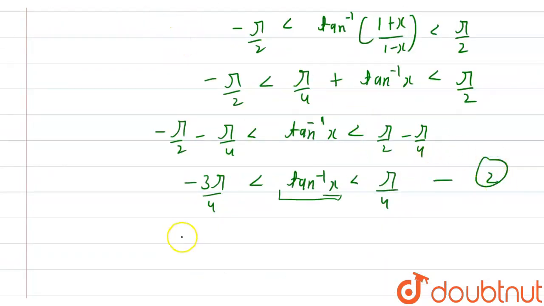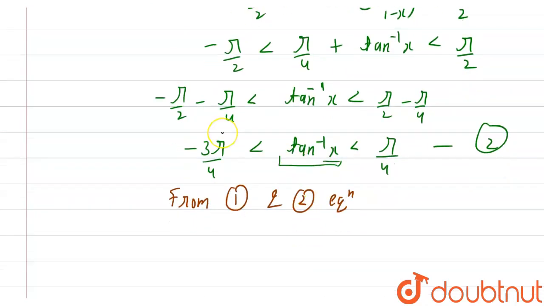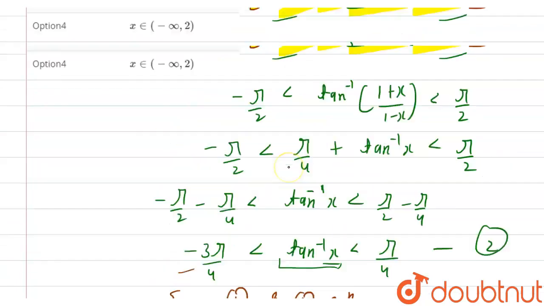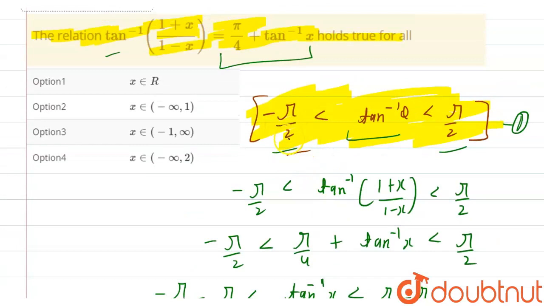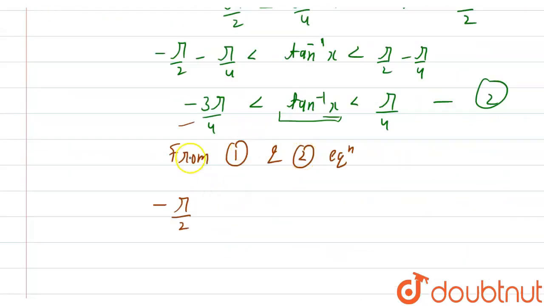From the first and second equation, the minimum possible value of tan inverse theta: here the minimum possible value is minus 3 pi by 4, and here the minimum possible value is minus pi by 2. So minus pi by 2 is greater than minus 3 pi by 4, so the value possible will be minus pi by 2 for tan inverse x or tan inverse theta. We are taking tan inverse x because it is given in the question.